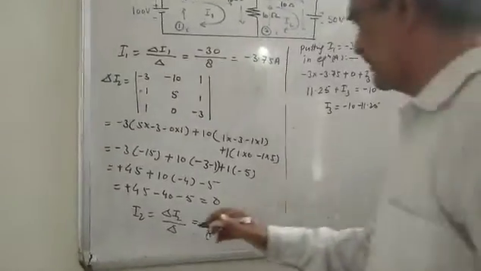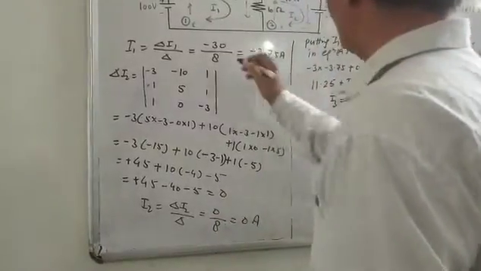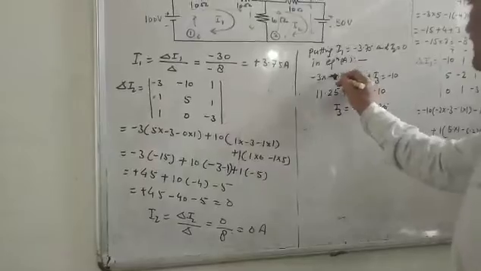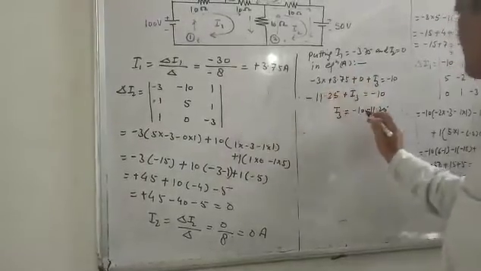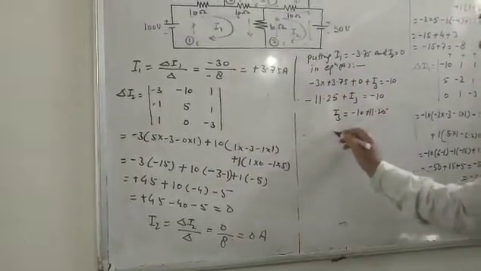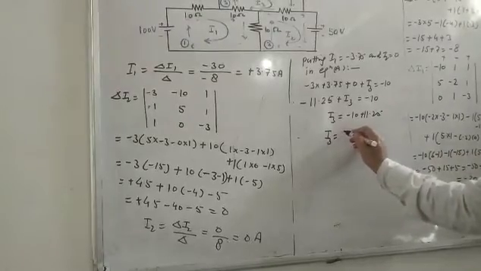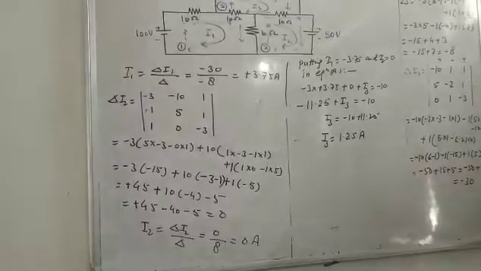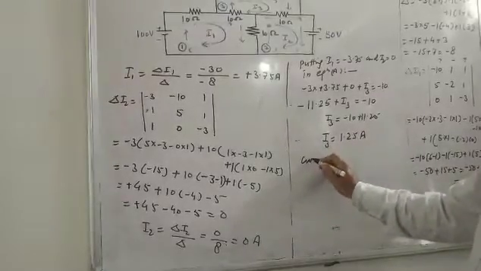Delta is minus 8. The value of delta is minus 8. So this is plus 8. Plus this value is plus. So this minus and this becomes plus. So I3 is equal to 1.25 ampere.